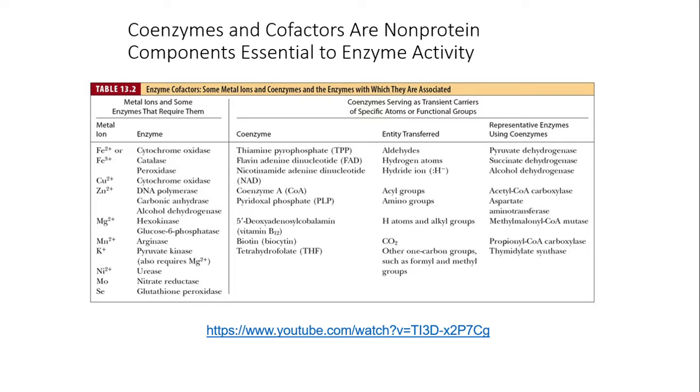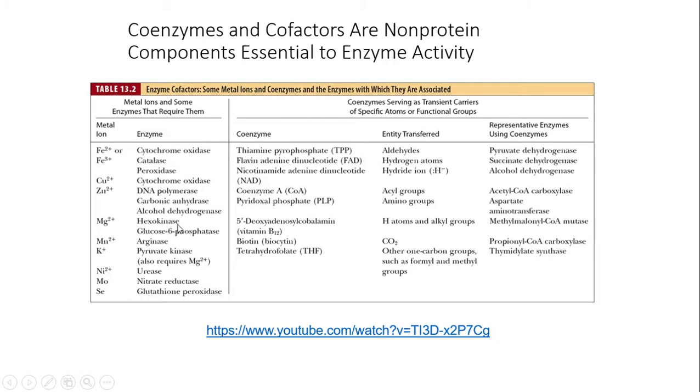Here are some coenzymes and cofactors, non-protein components that are essential to some enzyme activity, not all, of course. We have metal ions that can be required for activity. So here, Fe2+ and Fe3+ for cytochrome oxidase, Fe3+ for catalase. We've got copper ions, magnesium. So magnesium ions are required for hexokinase and glucose 6-phosphatase.